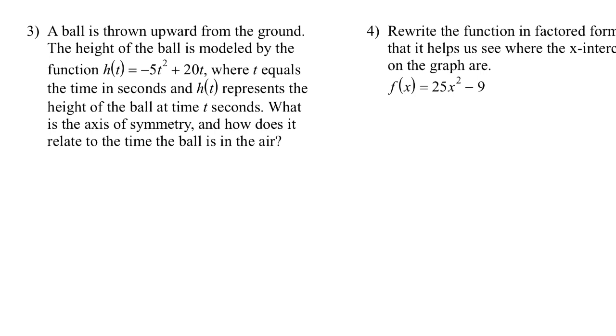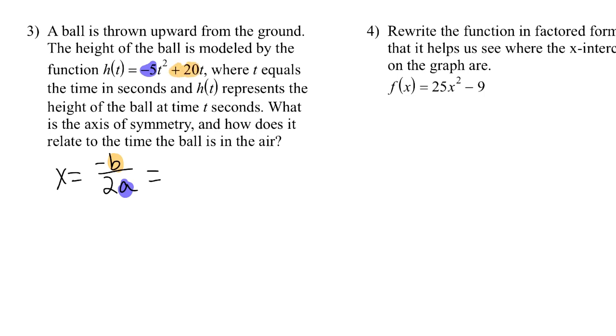the equation for the axis of symmetry is negative b over 2a. And so I'll write that in here. Sorry about that. X is equal to negative b over 2a. And so here we have our a value is this negative 5, and our b value is this positive 20.